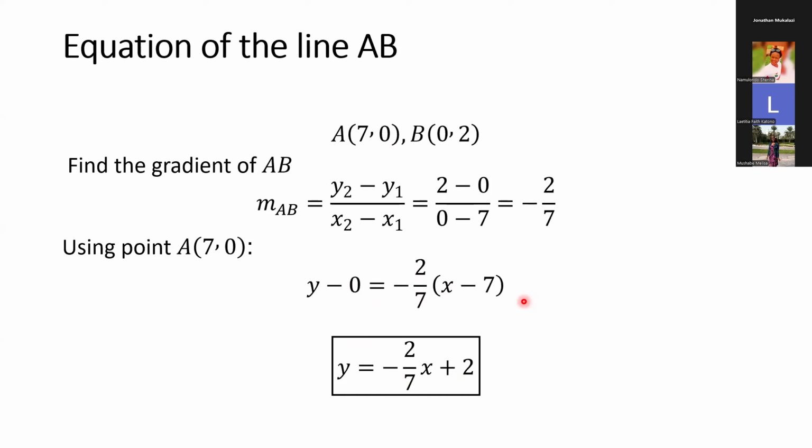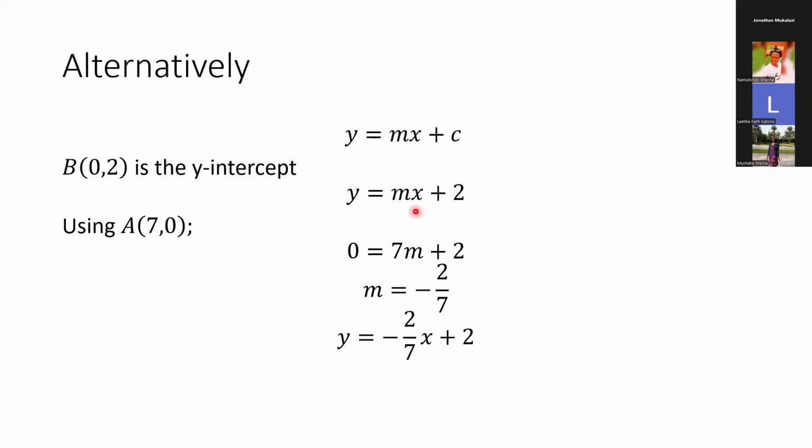We can also use this because we already know that the point B (0, 2) is the y-intercept. So from the general equation, we know our value for C is going to be 2 already.